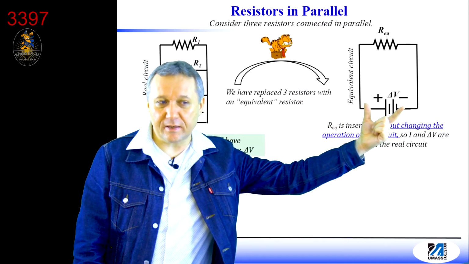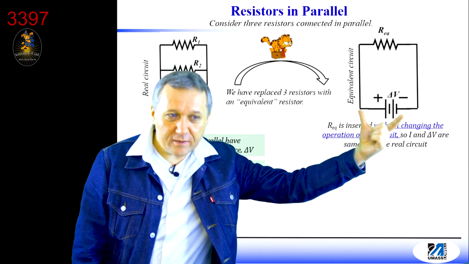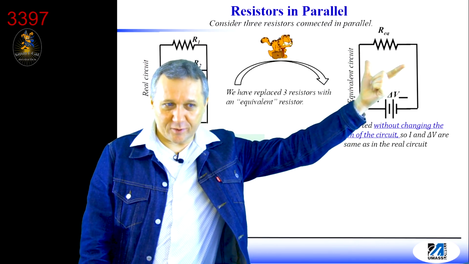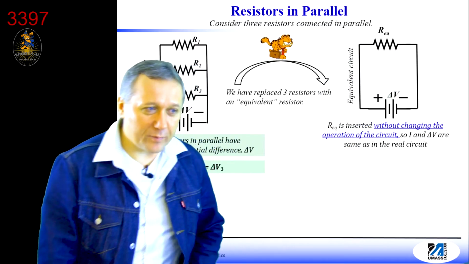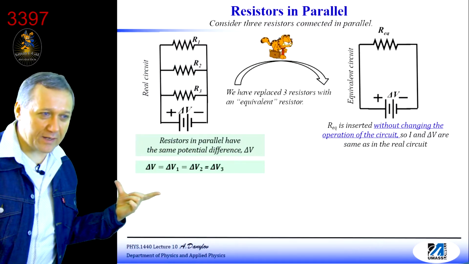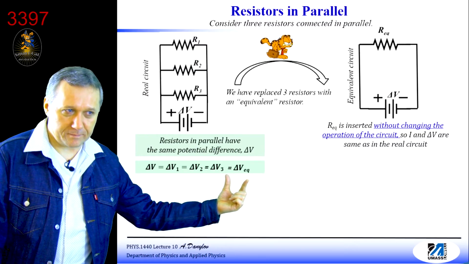So exactly the same delta V must be here, and this delta V is applied directly across that equivalent resistor. So potential difference across an equivalent resistor is also delta V. So I can add to this line of delta V's the delta V across an equivalent resistor.